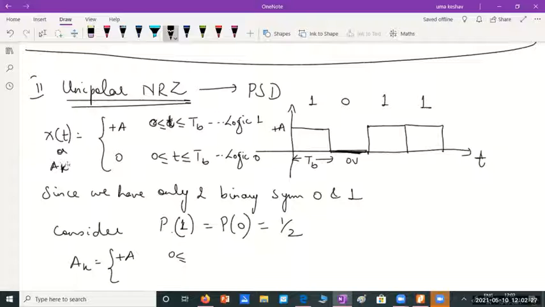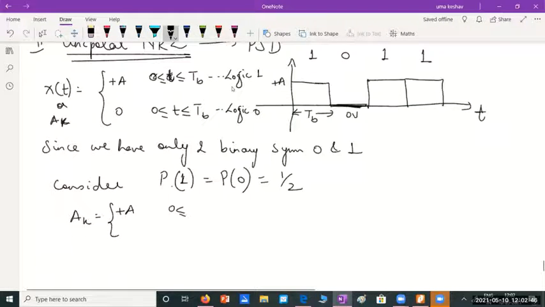Both are represented using the same equations, because we are writing only the amplitudes here. AK takes the value plus A in the interval 0 to TB, and it will take the value 0 for logic 0. So I can write AK or x of t there directly. The probabilities of occurrence of both the symbols we have considered.